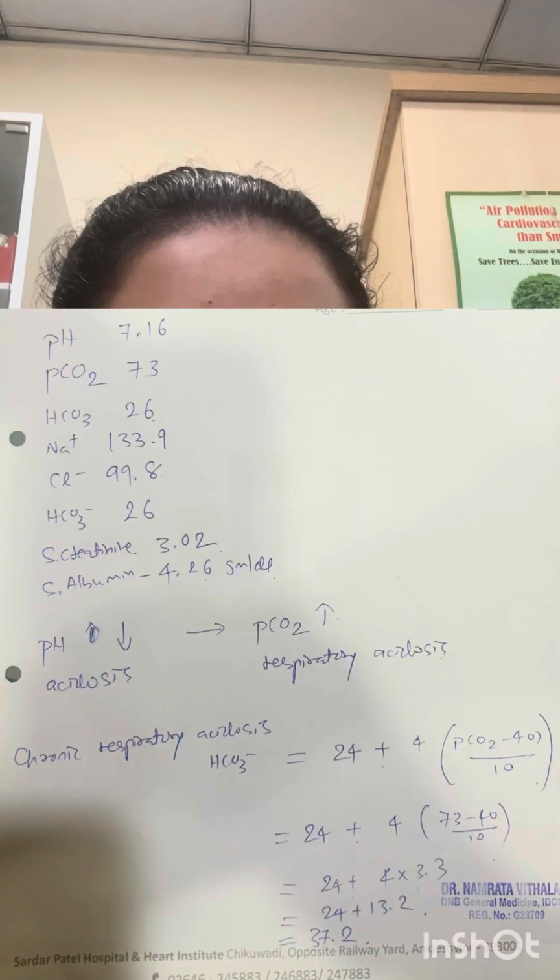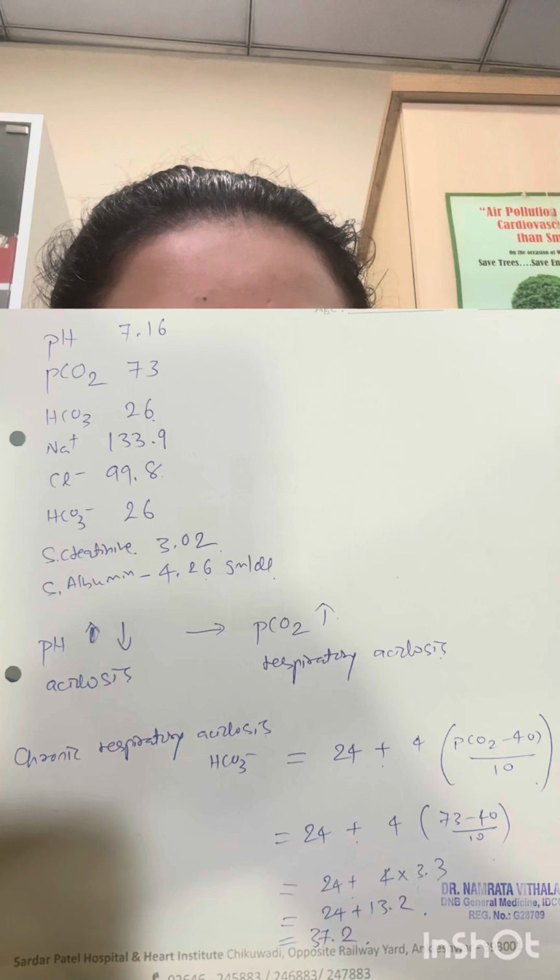Now once we diagnose the respiratory acidosis, we have to look for the compensation. When there is a respiratory acidosis, the kidney starts the metabolic compensation. So we will calculate the expected bicarb based on this formula: expected bicarb is 24 plus 4 times (PCO2 minus 40) upon 10.